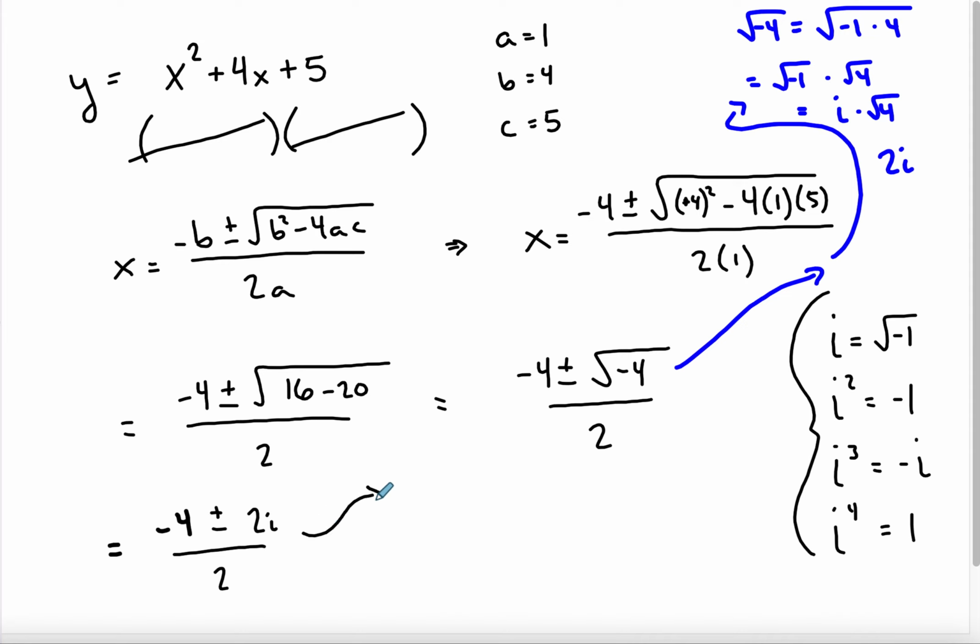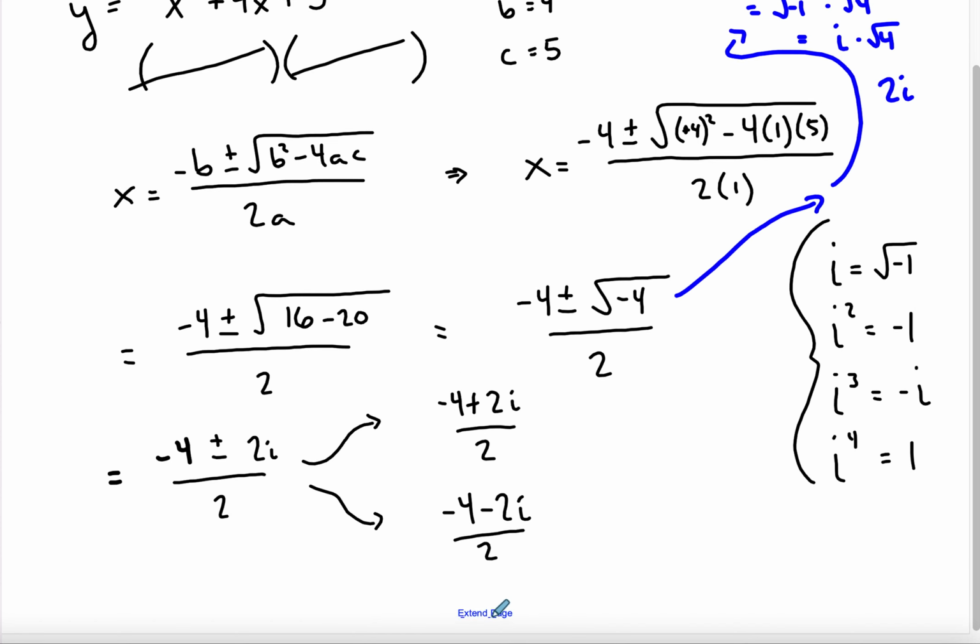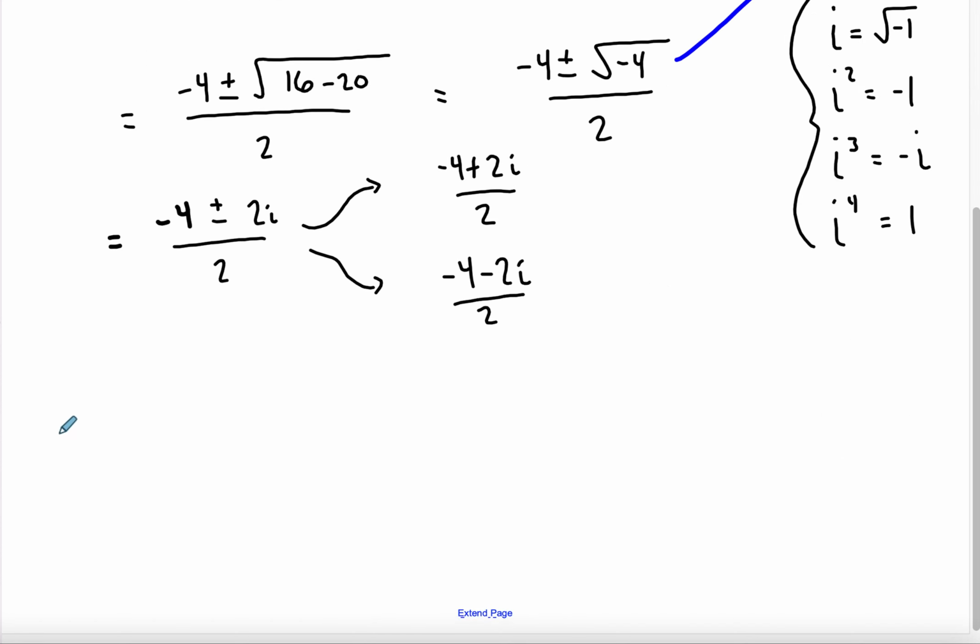Now we can split this into our two scenarios. We have -4 plus 2i over 2, and we have -4 minus 2i over 2. I'll just write them down here. -4 plus 2i over 2, -4 minus 2i over 2. Right?